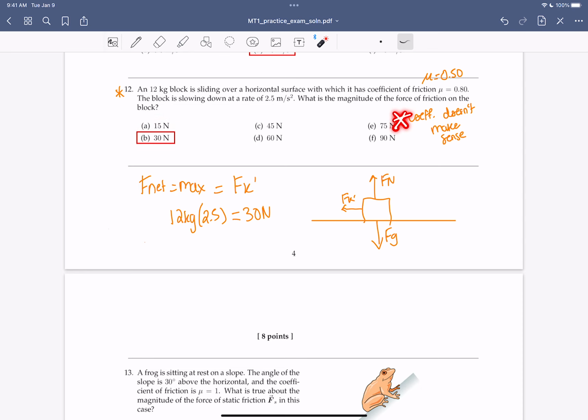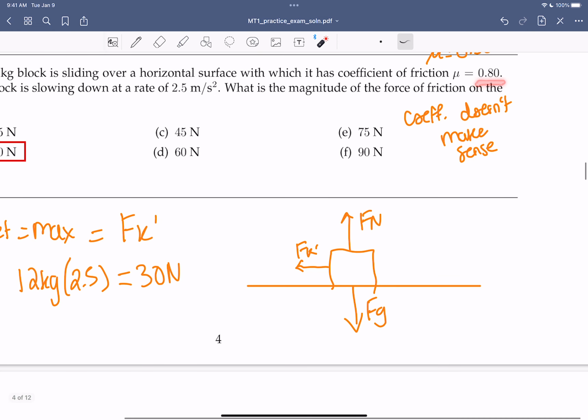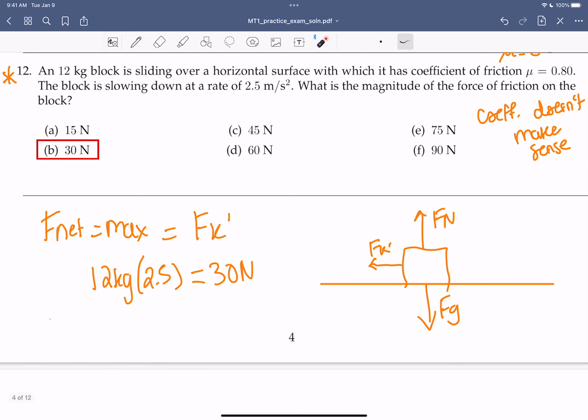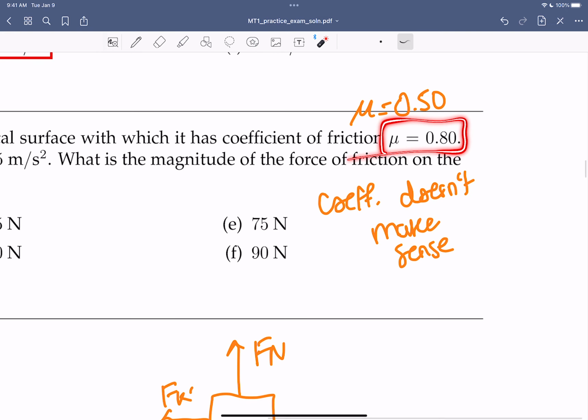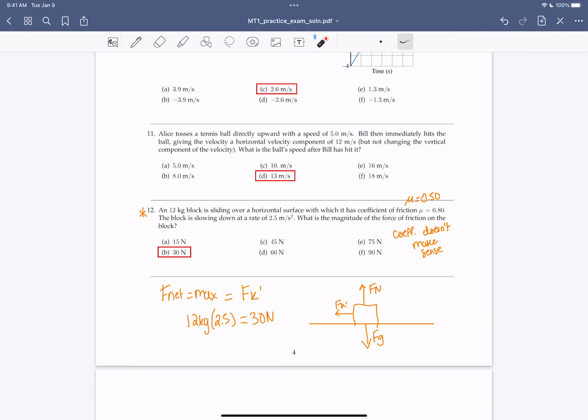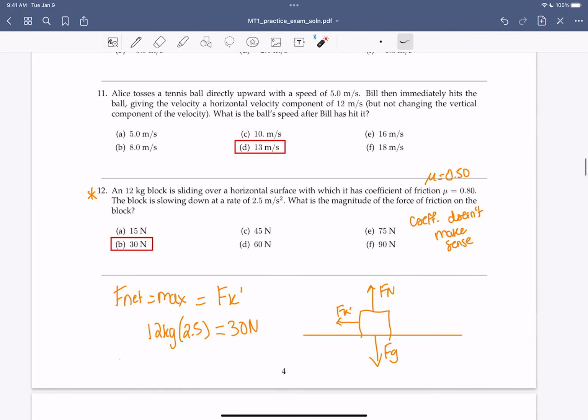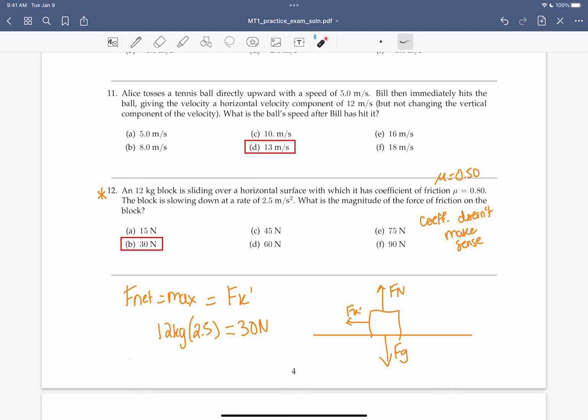The reason why I put that the coefficient doesn't make sense is that if you take that 0.80 times, remember we did mu Fn earlier? If you take 0.80 times the normal force, which was 120, you would get 96 newtons. So I'm guessing what they did is they just adjusted this value and maybe adjusted the acceleration to make things a little bit easier.